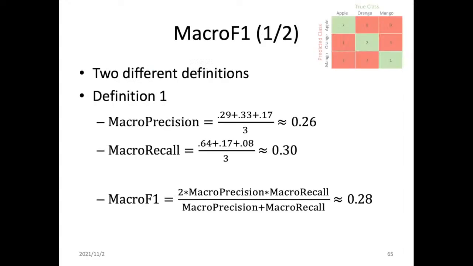Let's use the same example. Definition number 1 is, we know how to compute the macro precision and macro recall earlier, so our F1 score is simply the harmonic mean of these 2 numbers. That's definition number 1.